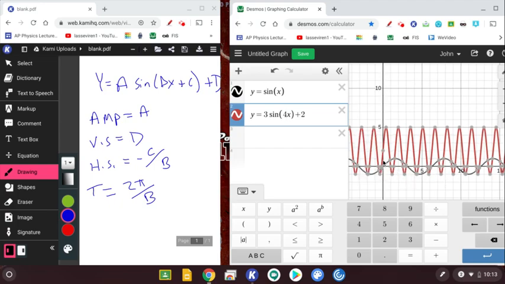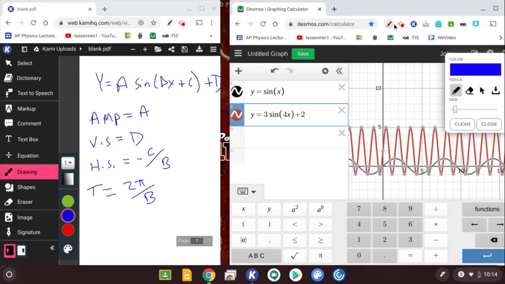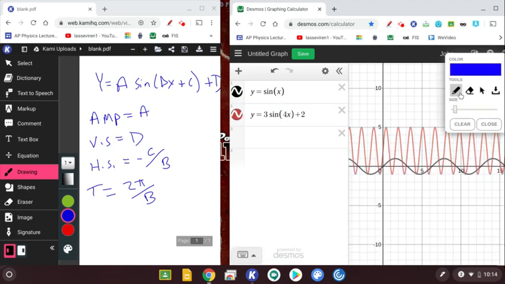What we are going to see is that if we take this graph, assuming this is our start point, it goes one oscillation. In the red graph, it goes 1, 2, 3, 4. Goes up and down 4 times.